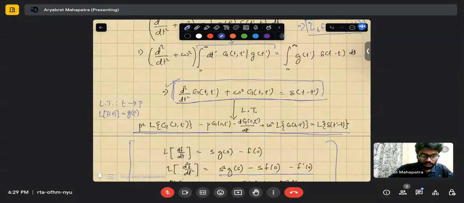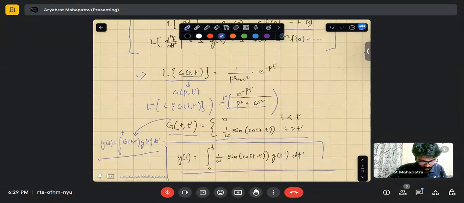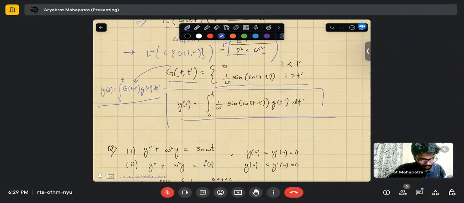You solve it by taking the Laplace transform. You get an algebraic equation, and then you solve that algebraic equation to get g, and you get it by taking the inverse Laplace of that equation. That is what we were doing in this step. So that is how you will obtain your final solution.